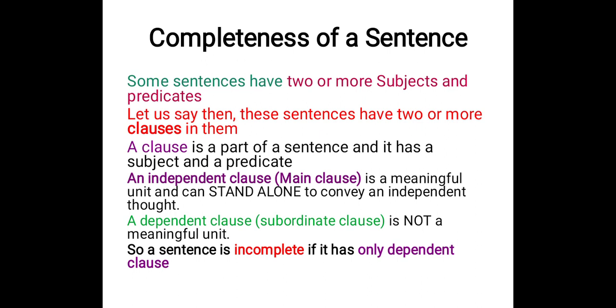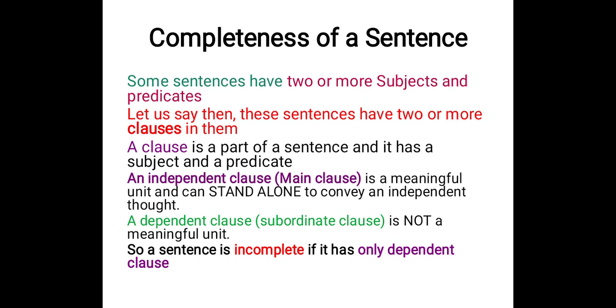Some sentences have two or more subjects and two or more predicates. Let us then say these sentences have two or more clauses in them. Please take care of the term clause. What is a clause? A clause is a part of a sentence and it has a subject and a predicate. A clause has a subject and a predicate.